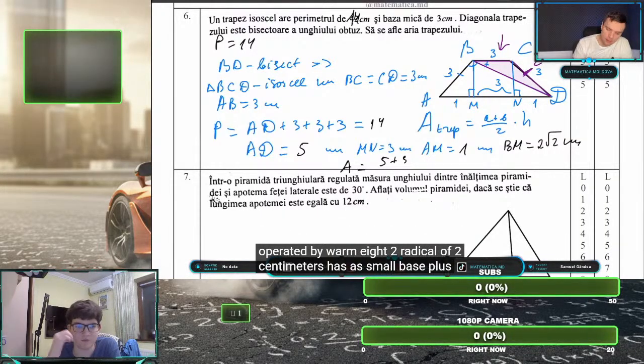Perimeter is 14, so it's actually 14. I knew you messed up. I knew it couldn't be 42. So AD is 5. Yeah, that's 3, so we got 1 there, 1 there.